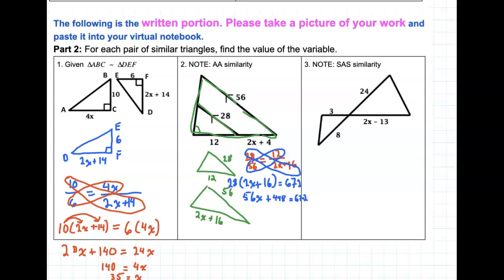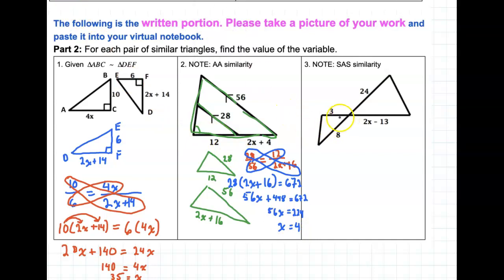I'm going to subtract 448 from both sides, so 672 minus 448, and I get 56x is equal to 224. Then I divide both sides by 56 and I get x is equal to 4.